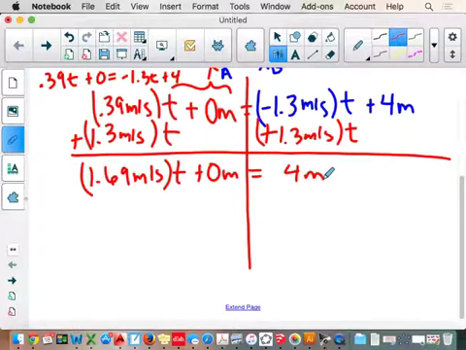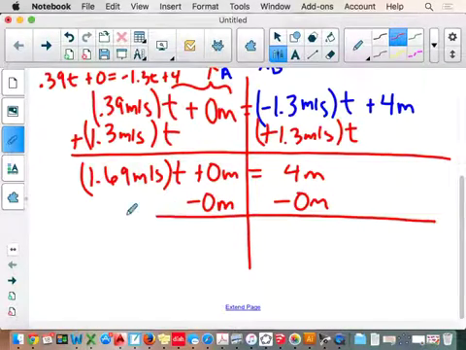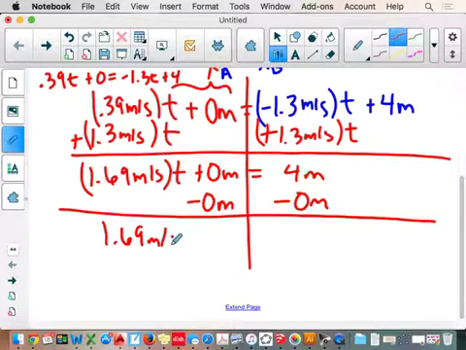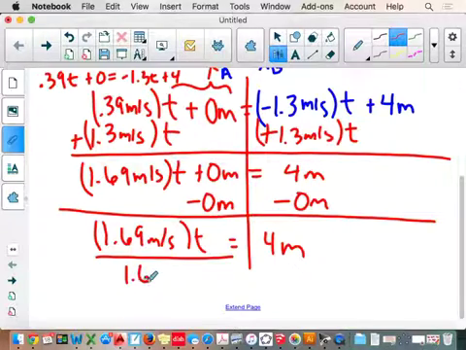All right, now, if you recognize that 0 meters doesn't matter, you can cancel it out. Otherwise, we're trying to get the constants on one side. So I'm going to subtract 0 meters on both sides, and we get 1.69 meters per second times time equals 4 meters. And then to solve for t, we're going to divide by 1.69 meters per second.